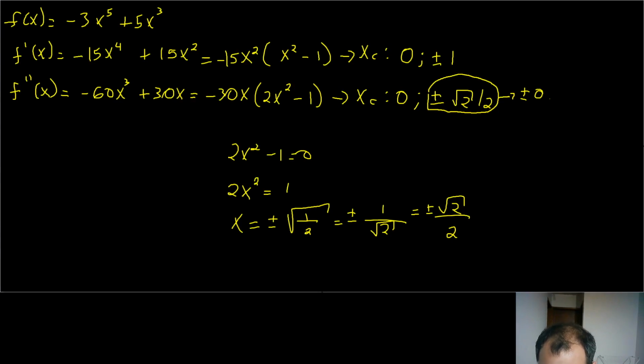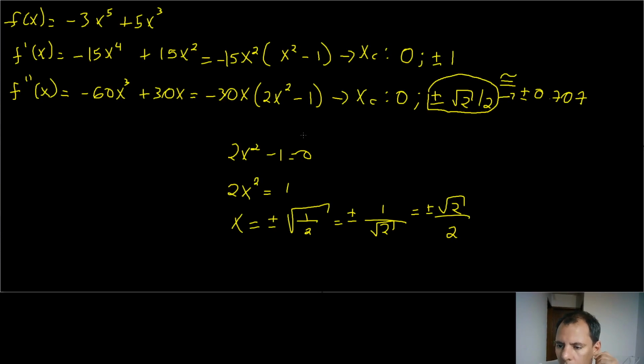Let me think here, guys. I'm trying to find something. It's approximately 0.707. Approximately, okay? Kind of like that.